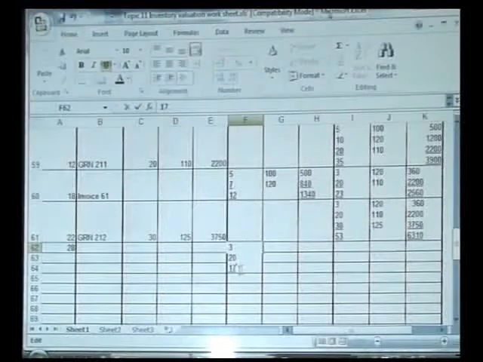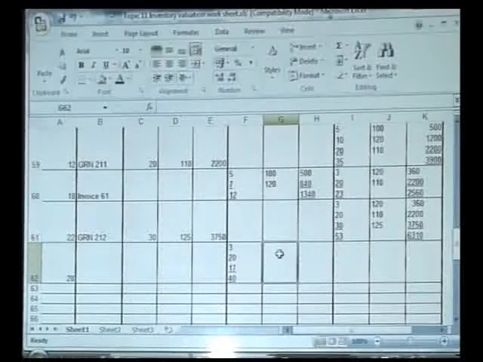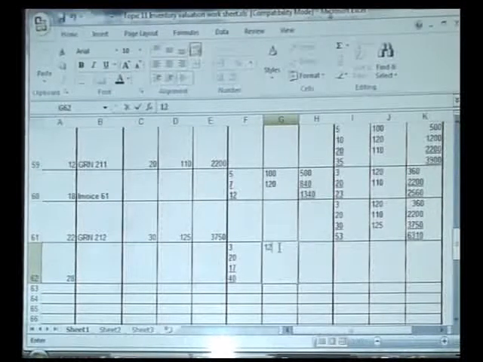Then total 40 here, and the issue prices. Issue prices are 120, 110 and 125.